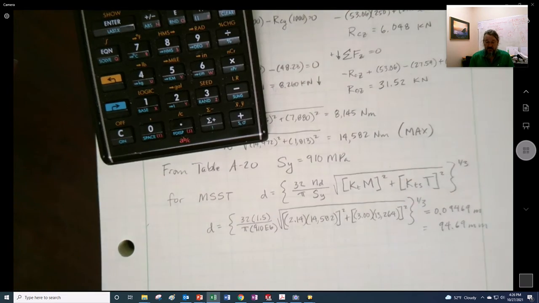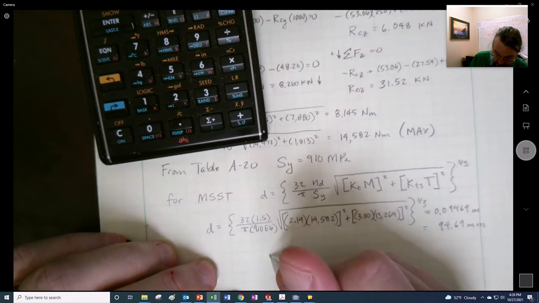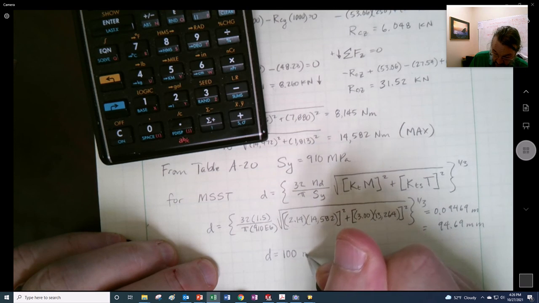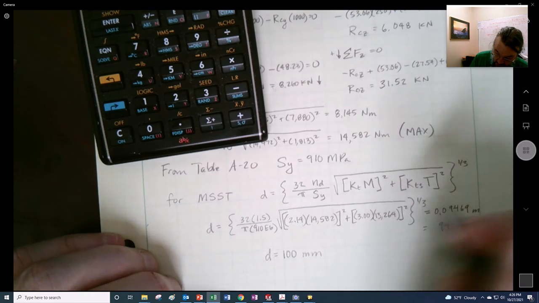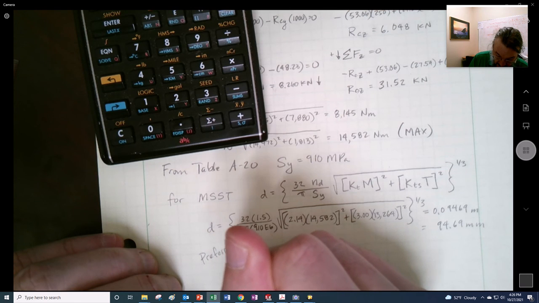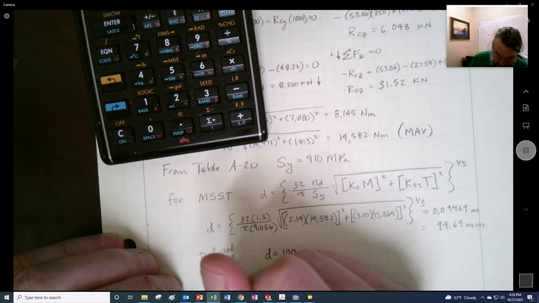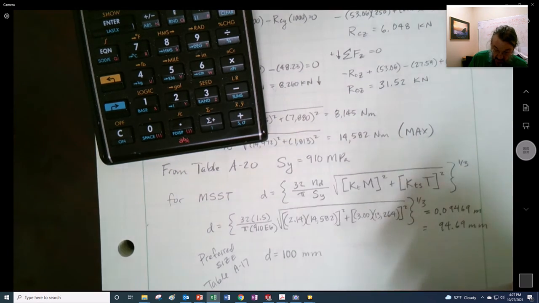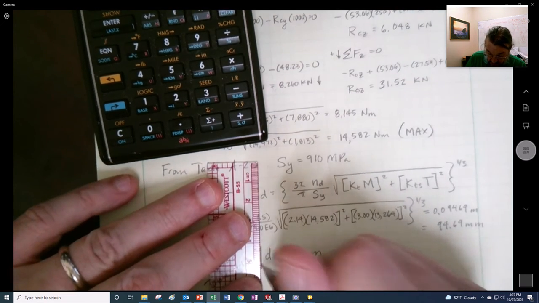There you go, that's the answer: D is equal to 100 millimeters, the preferred size from table A17.